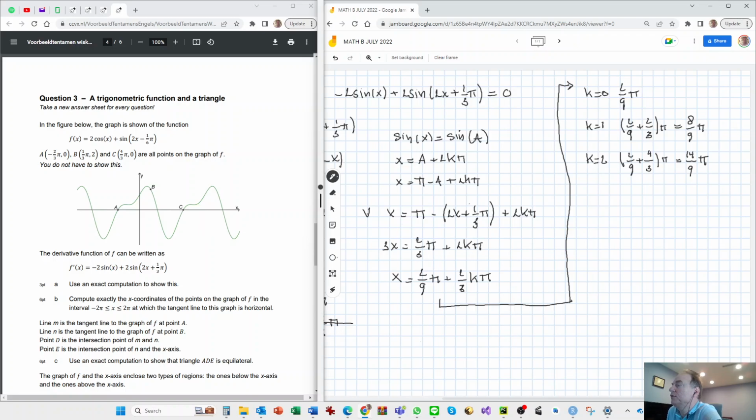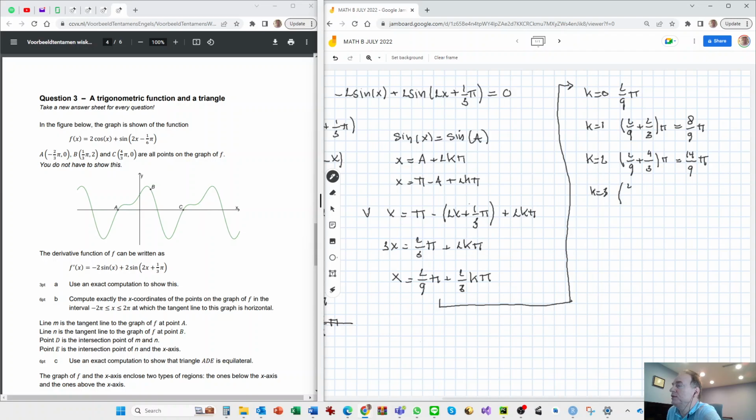Now the interval is up till 2 pi. Actually, another way is just keep on adding 2/3 pi to each. If I add another 2 pi to this, well, okay, doesn't matter.